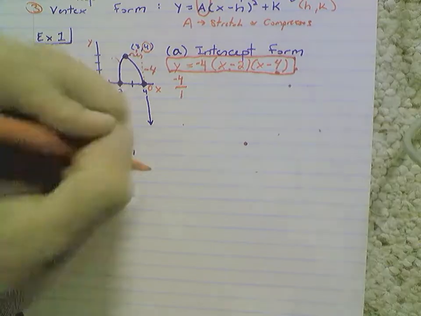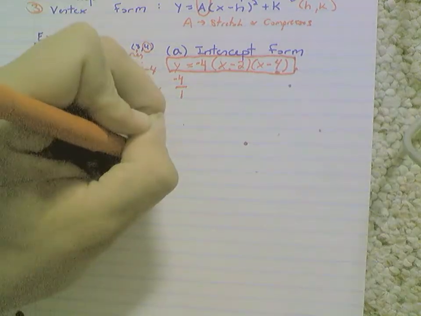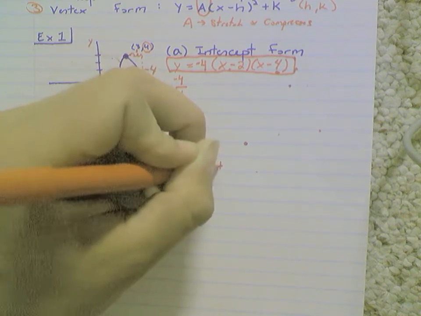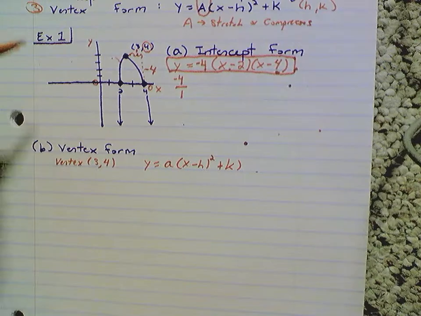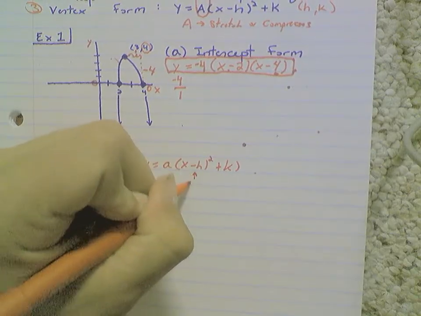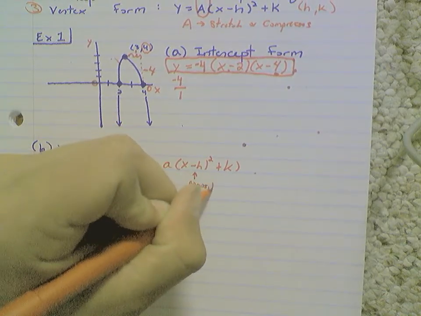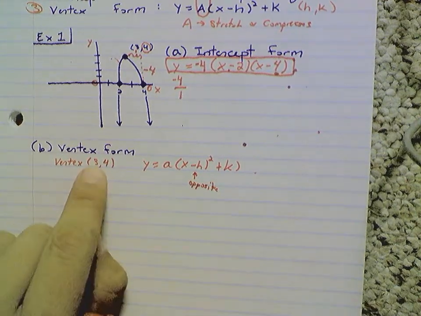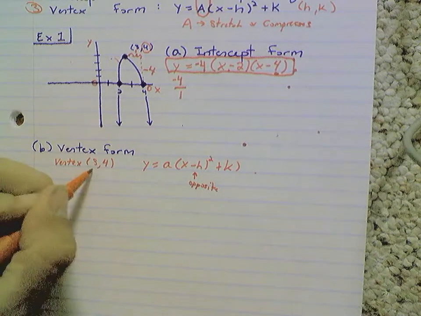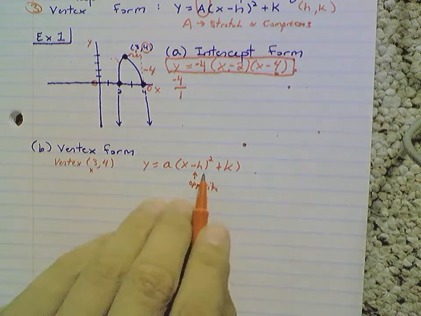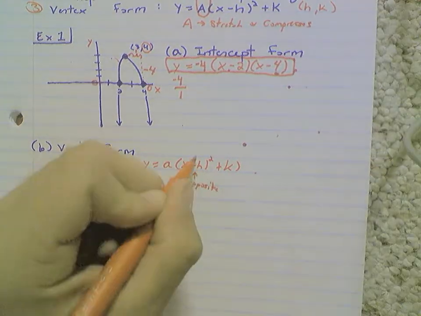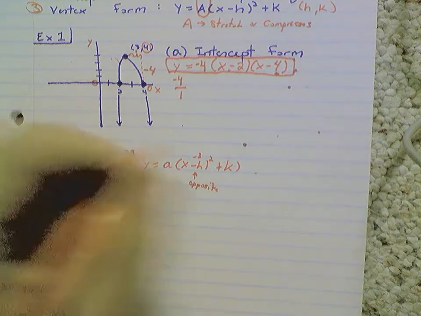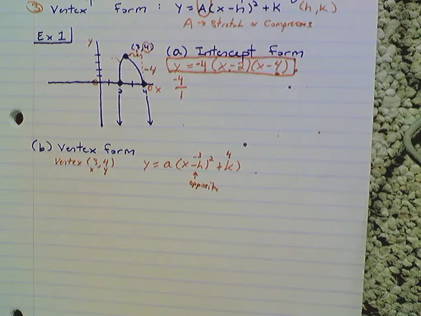And in vertex form, I want it in y equals a times x minus h squared plus k. The thing to remember is the h is always the opposite of what the vertex is. So if I have a 3 as my x-coordinate, it's going to go in for the h as a negative 3. The y value, on the other hand, will stay the same when I plug it in for the k.